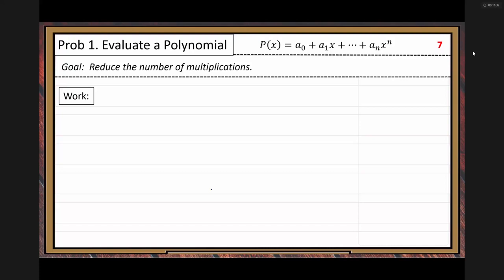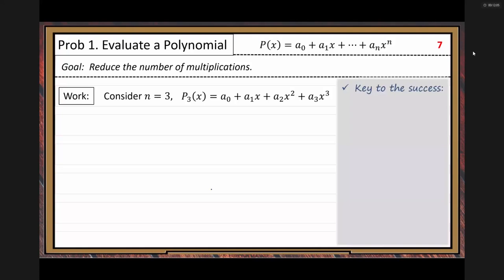N equals 3. Another simple example. Let's see if we can apply the same idea effectively for this new case. This time, let's write a cubic polynomial. One more term than the previous one.